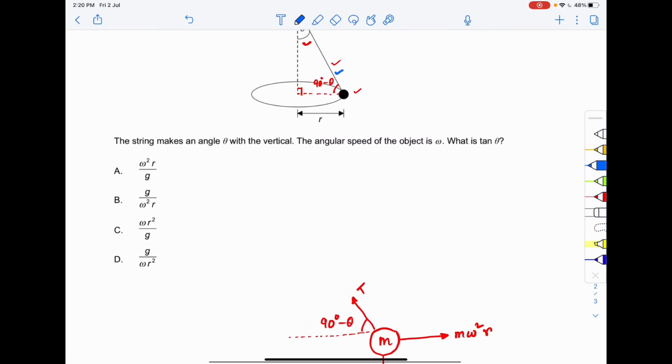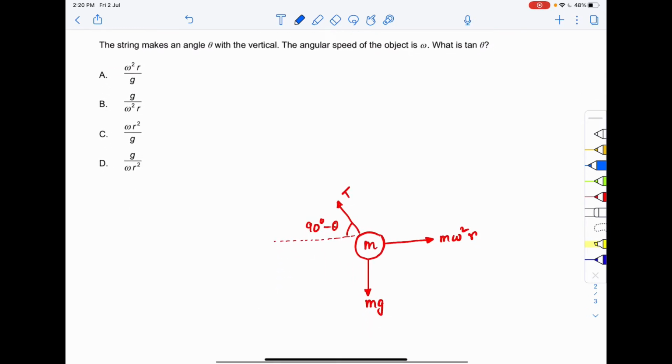So this is the center, and the centrifugal force will be acting away from the center, that means in this direction, m omega square r. Now if I fix up the axis, this will be the y axis, and this will be our x axis.